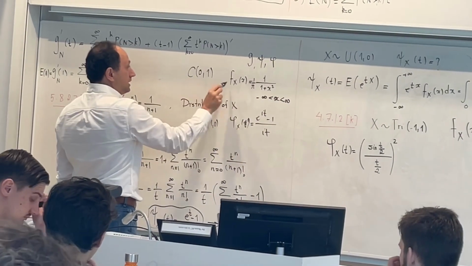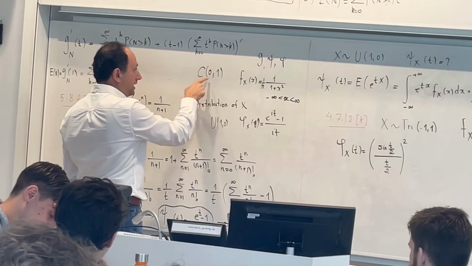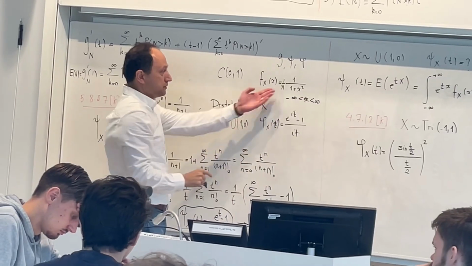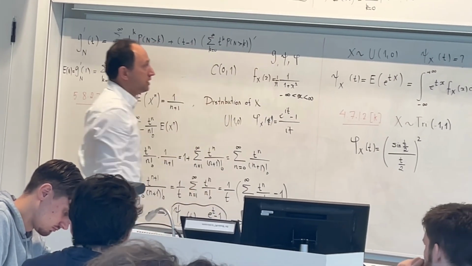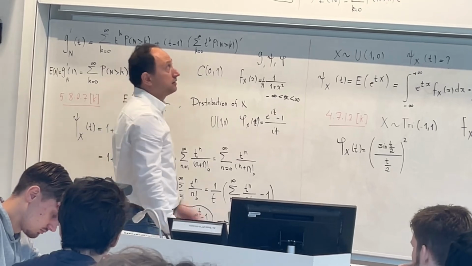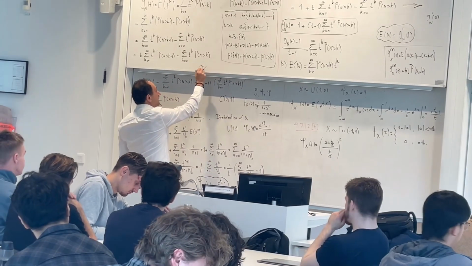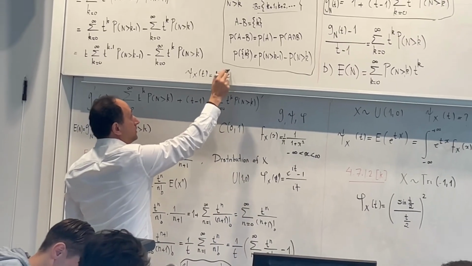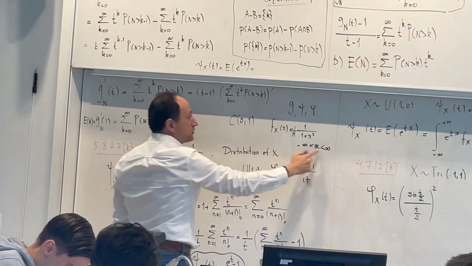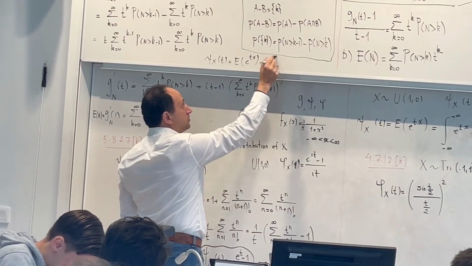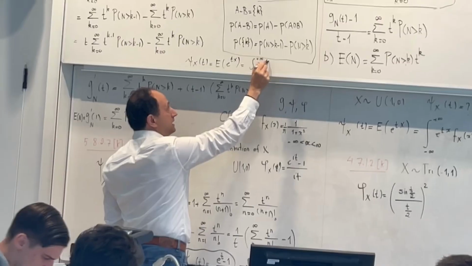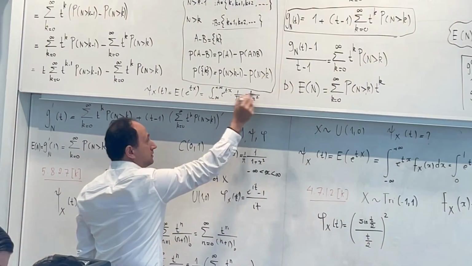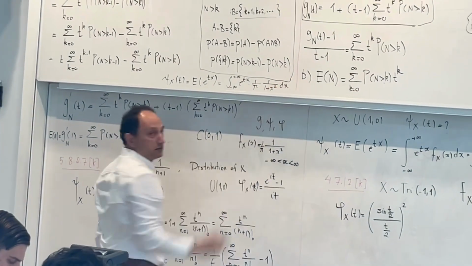Okay, so if I have this probability distribution, which is written on the board, and I want to calculate psi x of t for this function, what should I write? I have to write e to the power of tx, and then because it goes from minus infinity to infinity, I have to write the integral from minus infinity to infinity of e to the power of t little x multiplied by this function, dx.